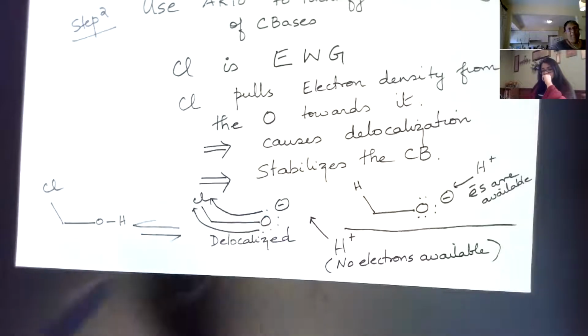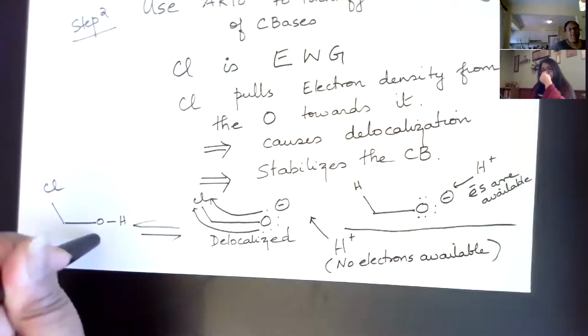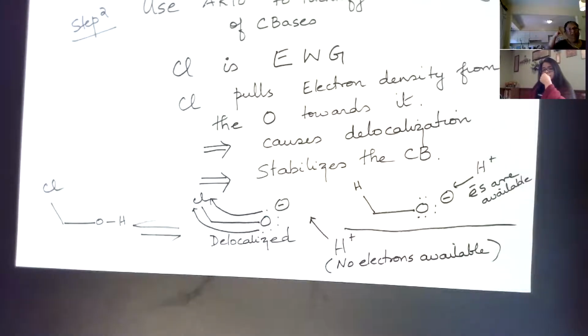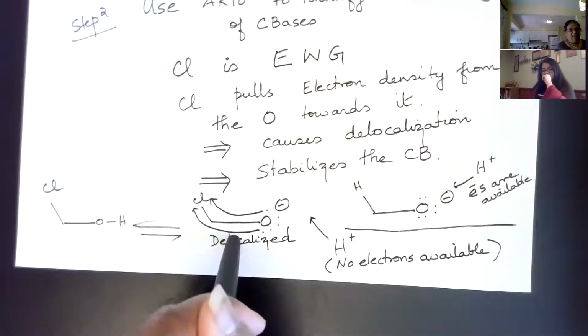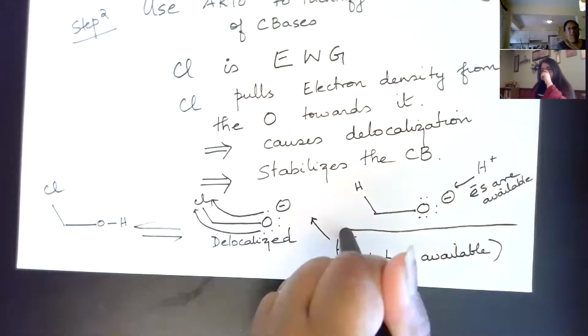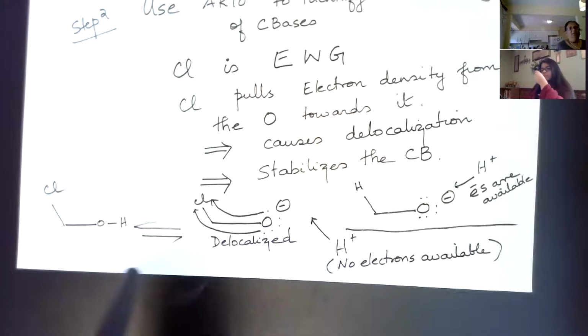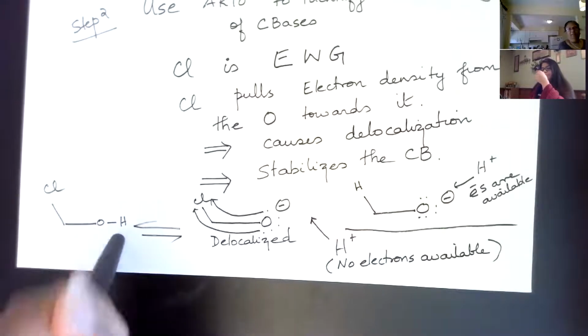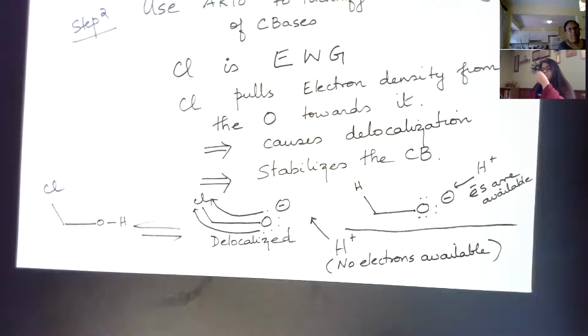And therefore, this is a strong acid. You've got to think a strong acid gives away its H plus readily, right? Why? Because it forms a conjugate base like this, and it does not allow the H plus to react with it to reform this. Are you understanding? Yes. Okay.